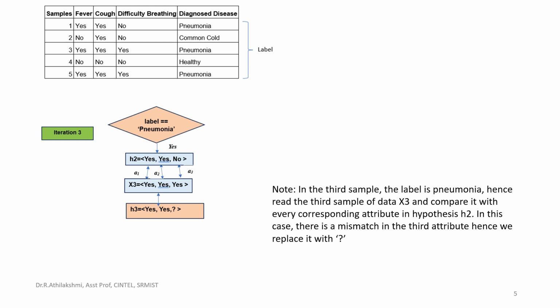Both are the same, so in the new hypothesis H3 it keeps the first attribute as it is. Next, the second attribute is yes in H2 and yes in x3, so it keeps it as it is in H3. Next, the third attribute is no in H2 and yes in x3. Both are different, so there is a mismatch, and it replaces the third attribute with the symbol question mark. Usually, if you find any mismatch, you use the question mark symbol, which implies an unknown attribute.